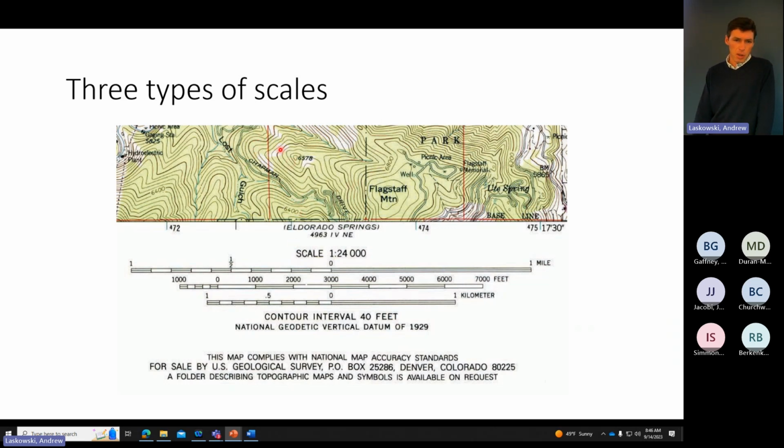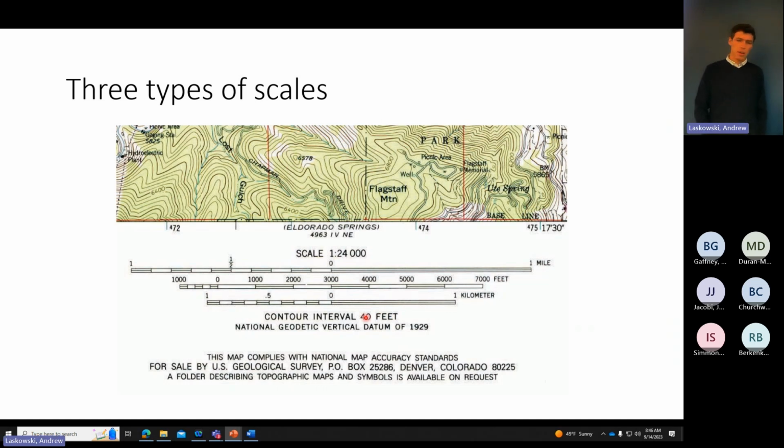So for instance, if we went 5 contours up this ridge towards Flagstaff Mountain, we would go from an elevation of around 6,200 to 6,400, because every contour is 40 feet, so 5 contours is 200 feet.